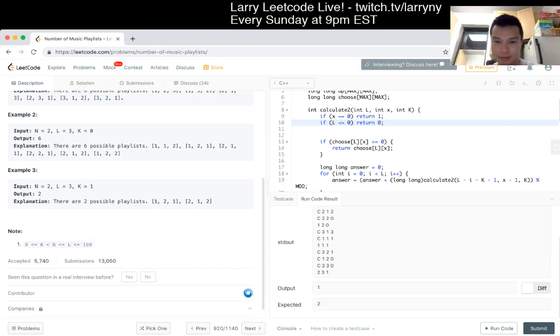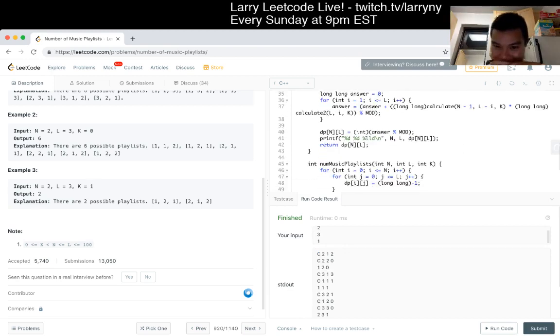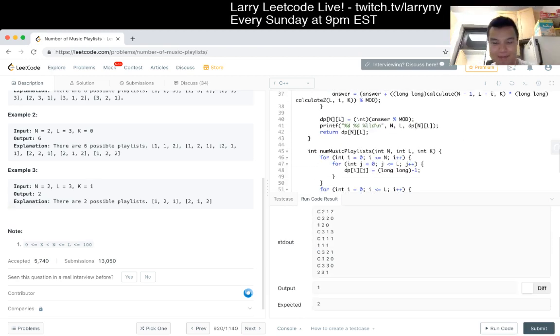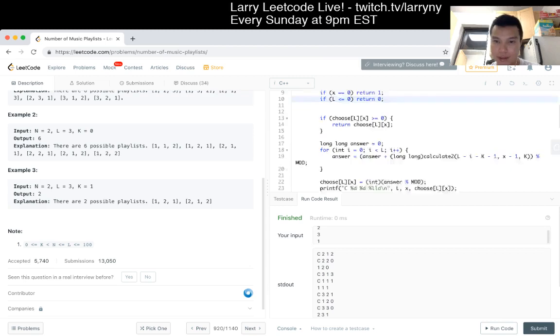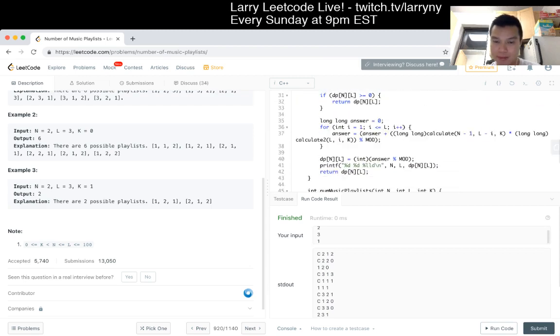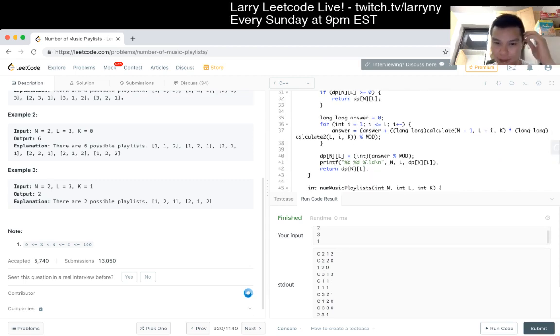Okay, so I'm more confident about this choose function, so now maybe the other function needs help. So you have one song left with length of 2, so yep, that's correct.